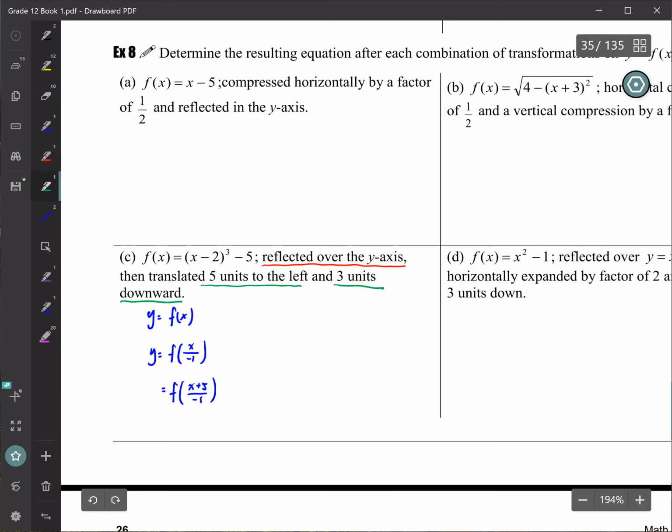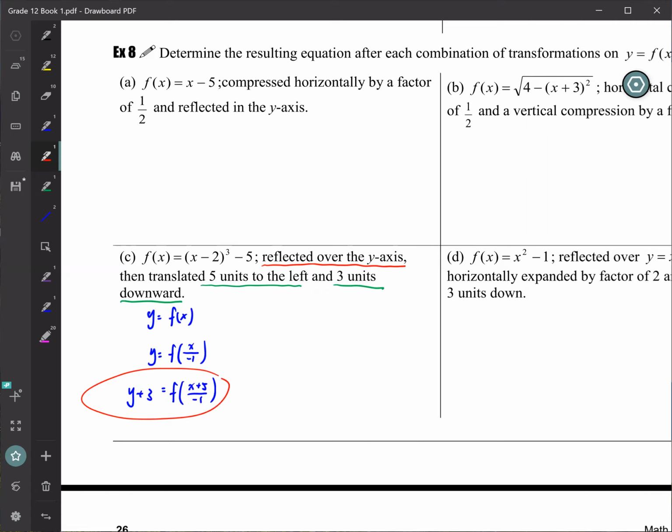So 3 units down, what do we do? Y plus 3. Yes, y plus 3.